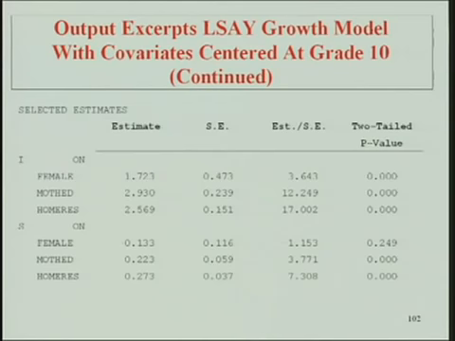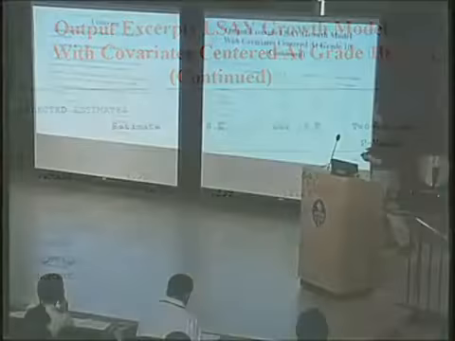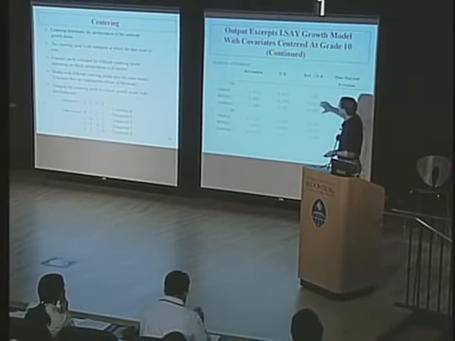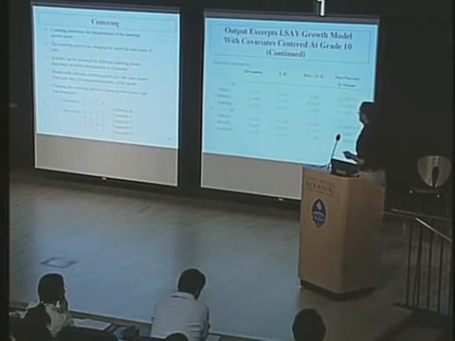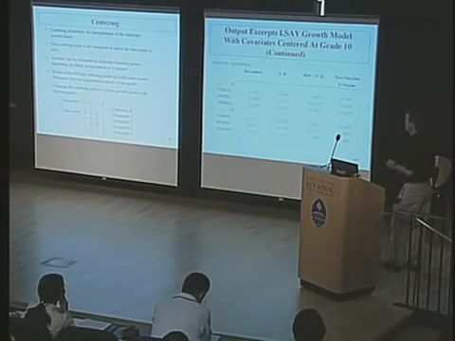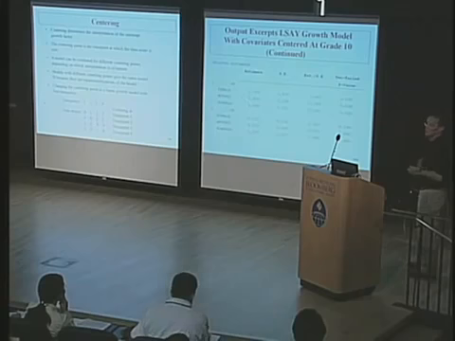So we can ask, are mother's education and home resources still significant predictors of where you're at in grade 10 as they were in grade 7? And lo and behold, yes, they are still significant. They didn't need to be. Now the effects, if you go back and check, are not the same.